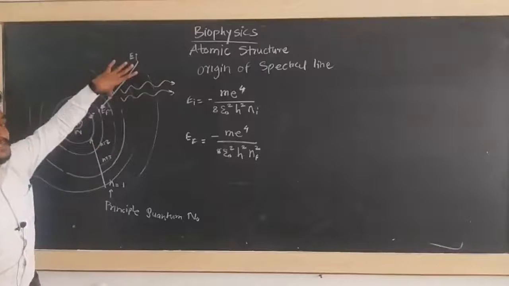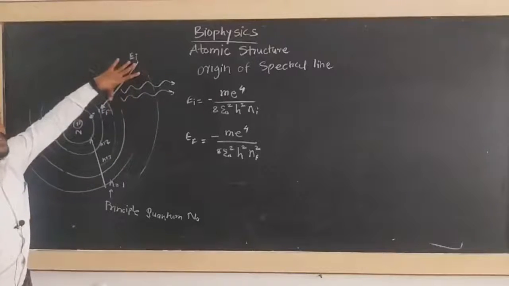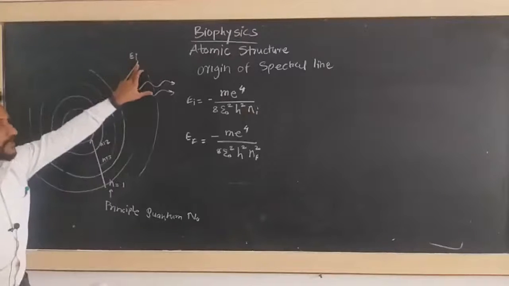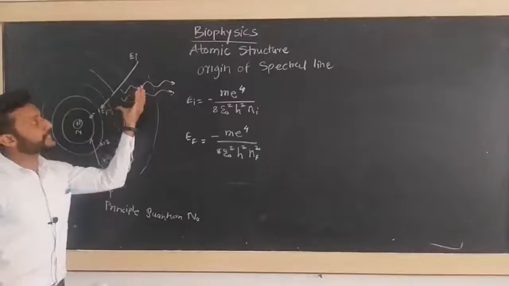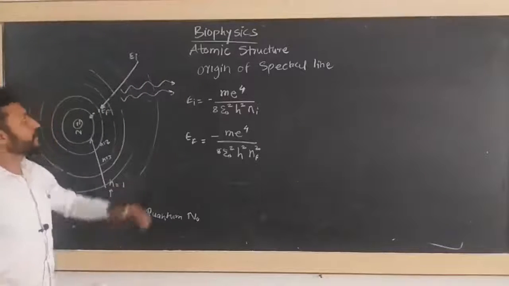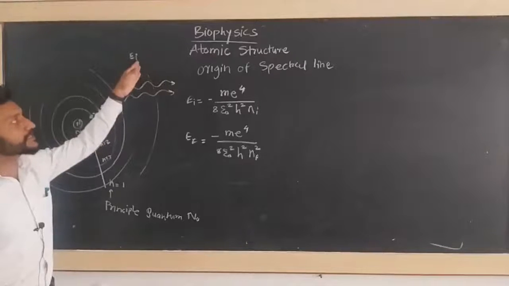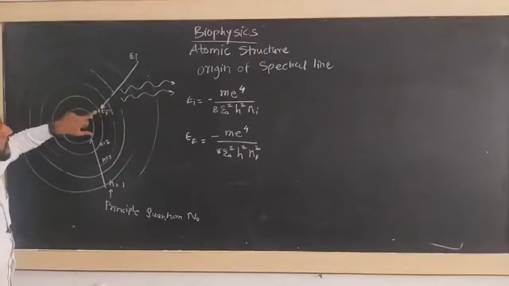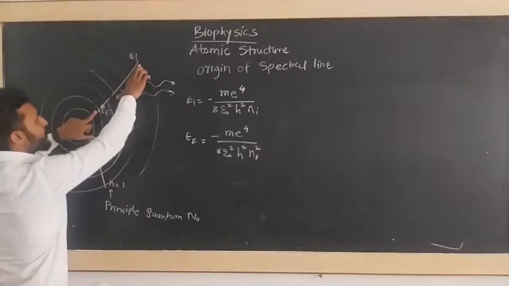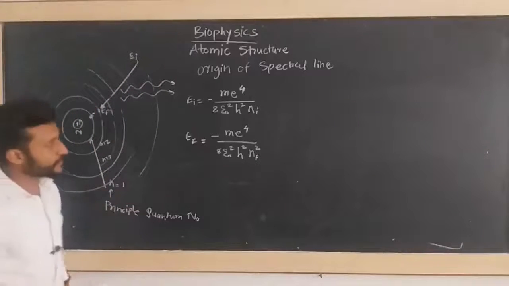How much energy is released? This orbit has a fixed energy and this orbit also has a fixed energy. Initially the electron is present in this state and it wants to jump and come here, so the difference between these energy levels is released during the de-excitation process.